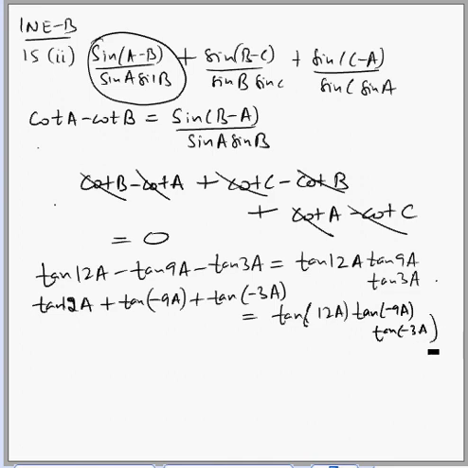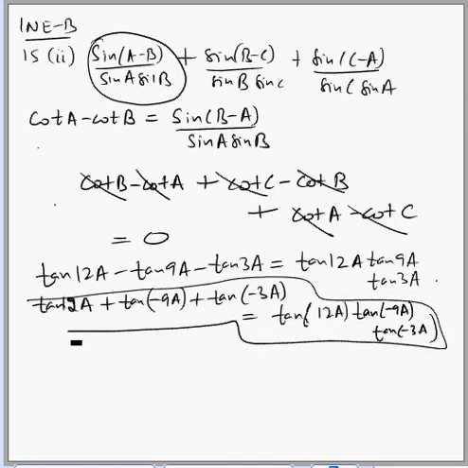Now if you look at the form of this expression, it is like tan A plus tan B plus tan C equals tan A tan B tan C. This tan A plus tan B plus tan C minus tan A tan B tan C expression comes when we use the tan of (A plus B plus C) formula.